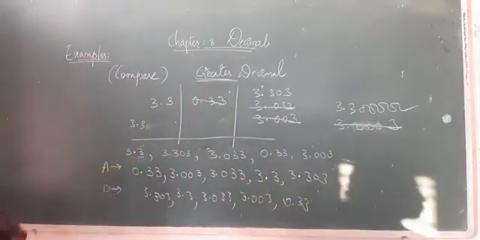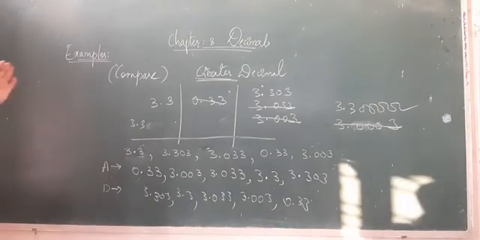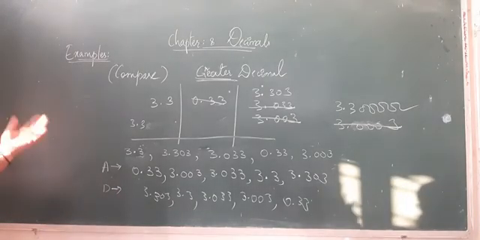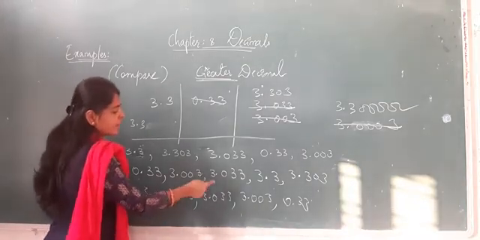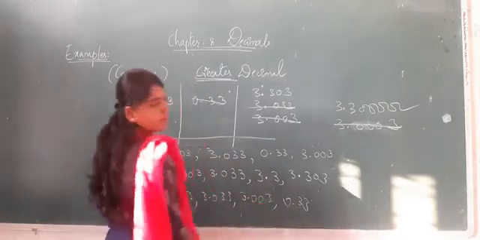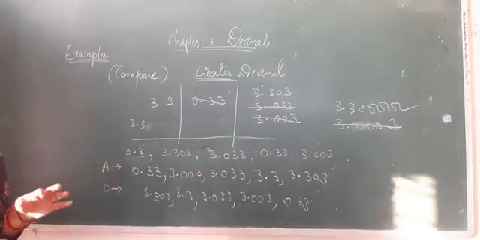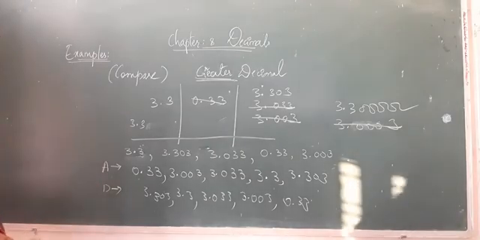So like that you will have to compare here. This is ascending and descending. Ascending is smaller to bigger, descending is bigger to smaller. This is bigger compared to this. This is bigger compared to this. This is bigger compared to this. This is bigger compared to this. Okay? Like that we have to see this. As we discuss more examples, you will be more clear about them too. Okay?